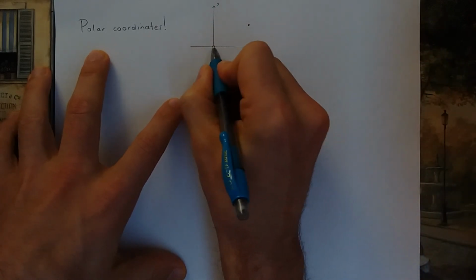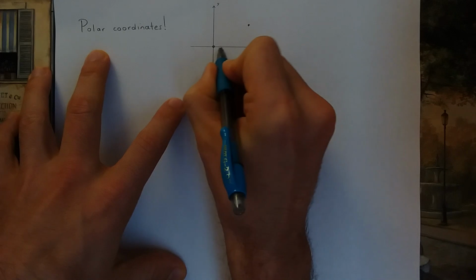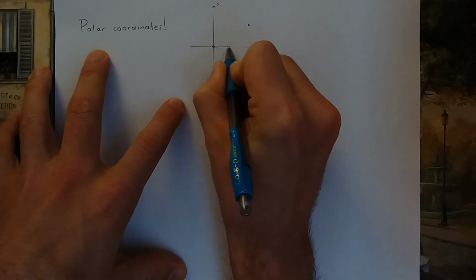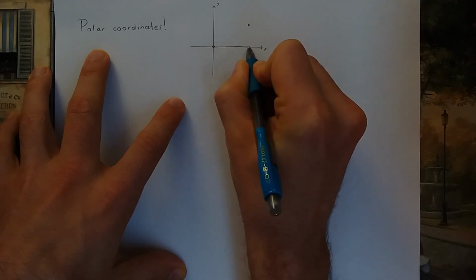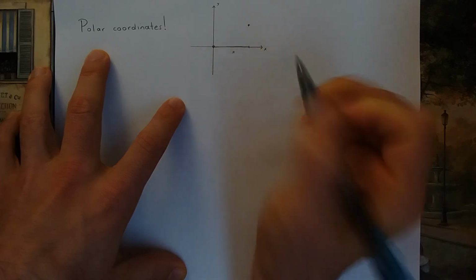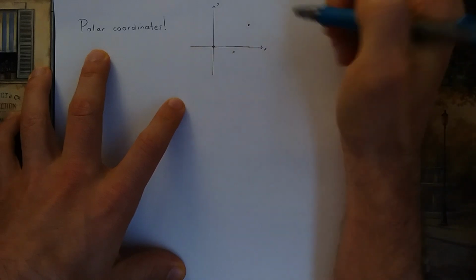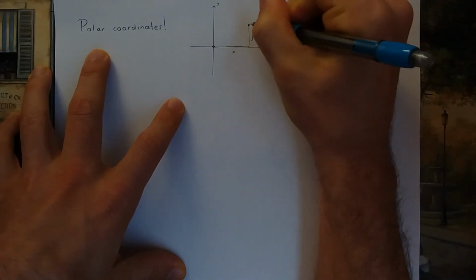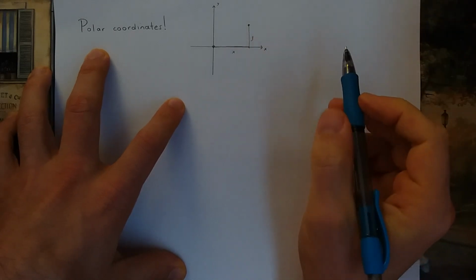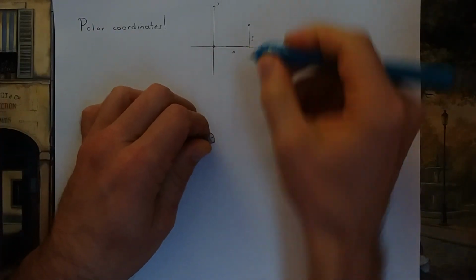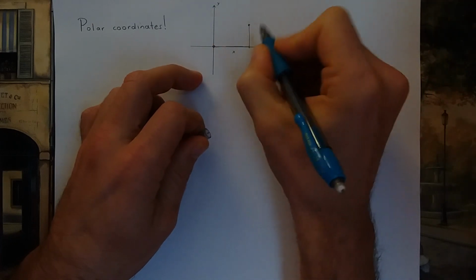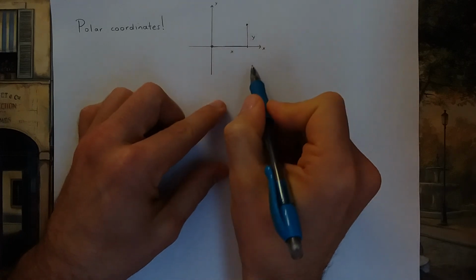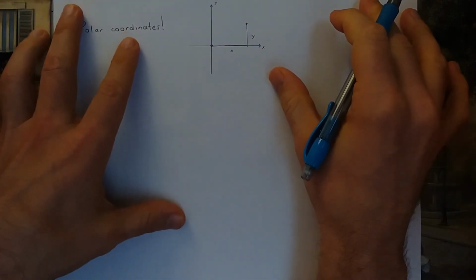So Cartesian coordinates say you start at 0, 0, you look east, you travel some distance in the x direction, then you turn 90 degrees, head straight up, and travel a distance in the y direction to get the xy coordinate. That's method one. You start looking east, you walk x units, then you turn 90 degrees, walk y units.